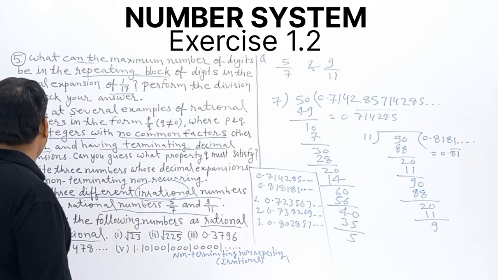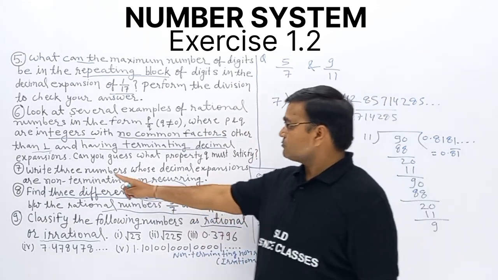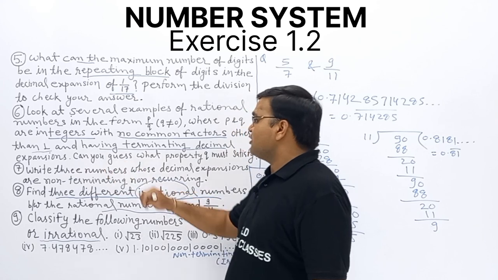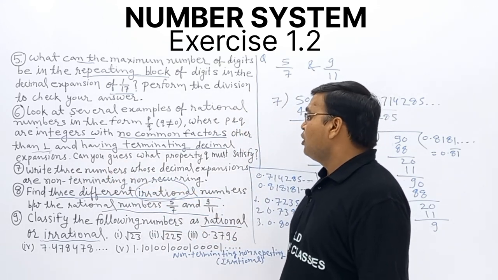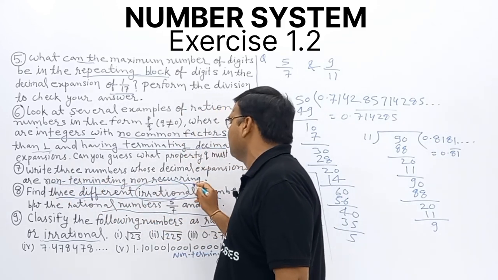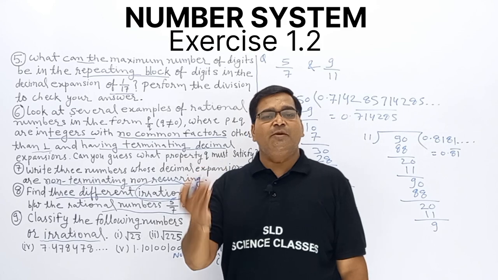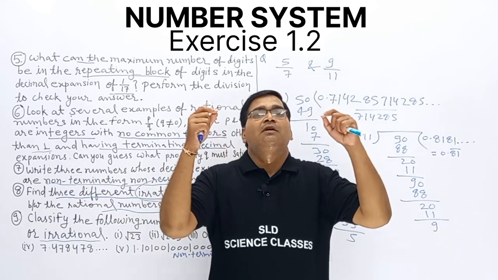Now one question is remaining. What is the question? Question number 7. Write 3 numbers whose decimal expansions are non-terminating, non-repeating. Recurring means repeating. Non-terminating, non-repeating numbers are what?